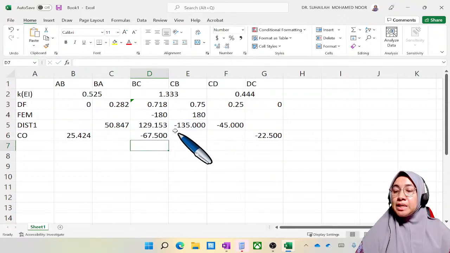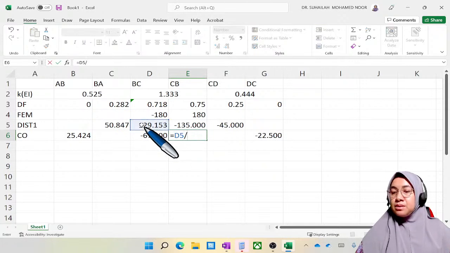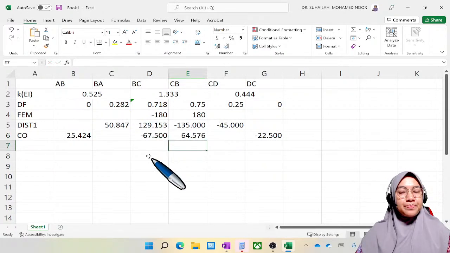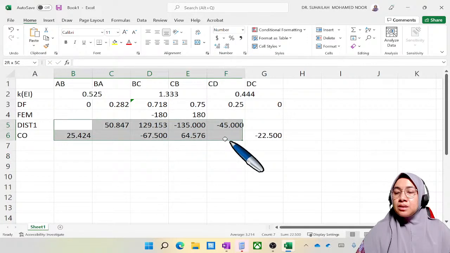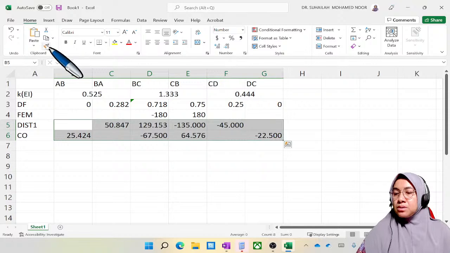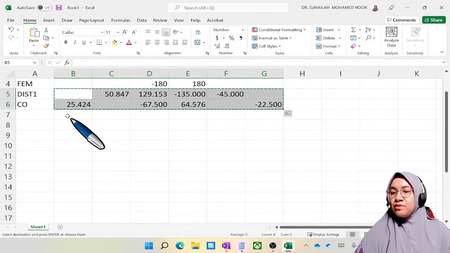Cross boundary: C to B, B to C, A to B, B to A. It must be cross boundary. Like this. So I copy this formula and I just paste.